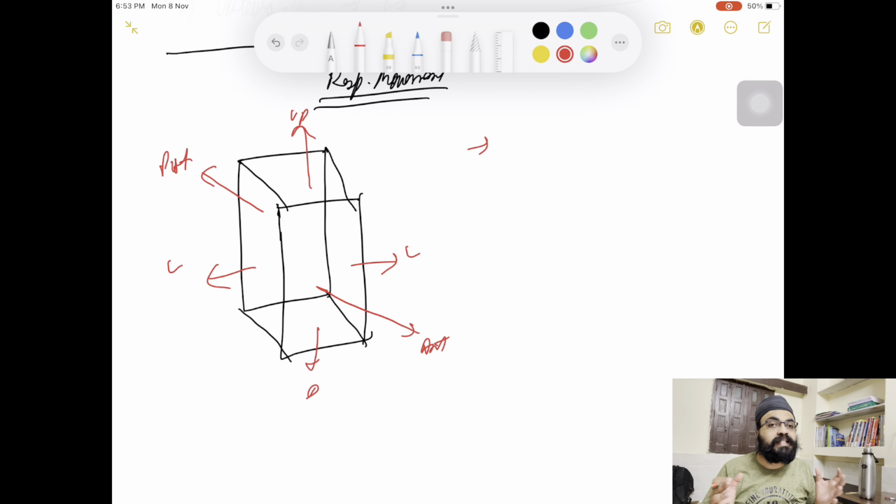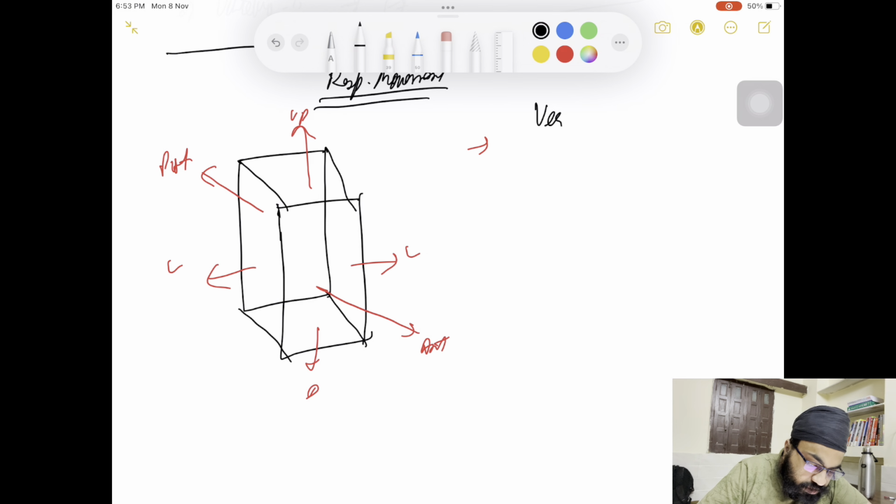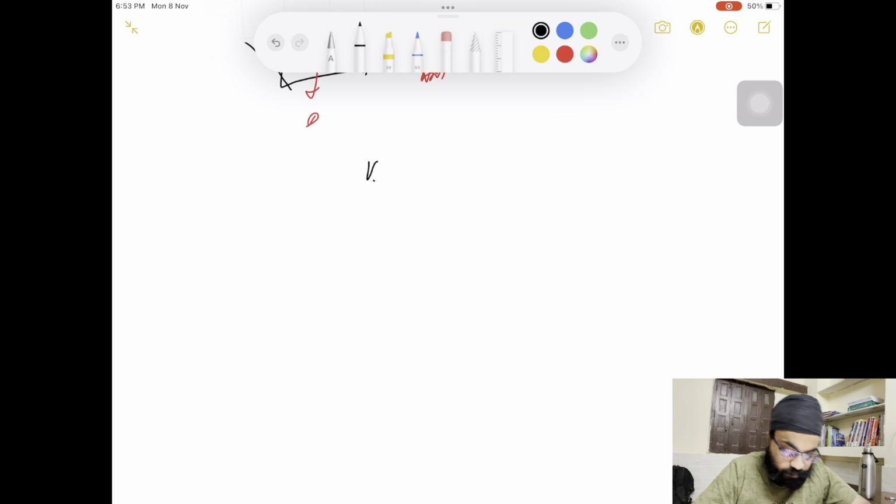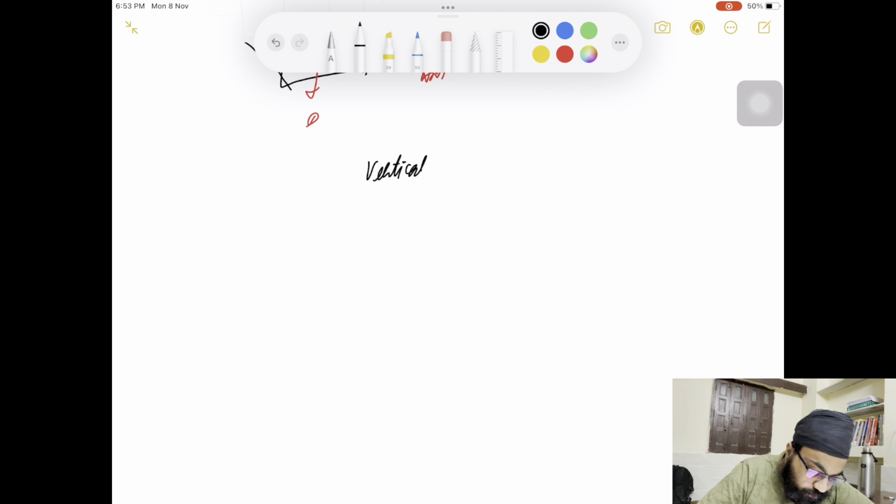We can decrease this pressure by expanding the volume of the thoracic cage. And how will we increase the volume? By increasing these dimensions of the thoracic cage. These are known as the vertical diameter, anterior posterior diameter and transverse diameter. So we'll talk about these diameters one by one. Firstly, I'll begin with the vertical diameter.